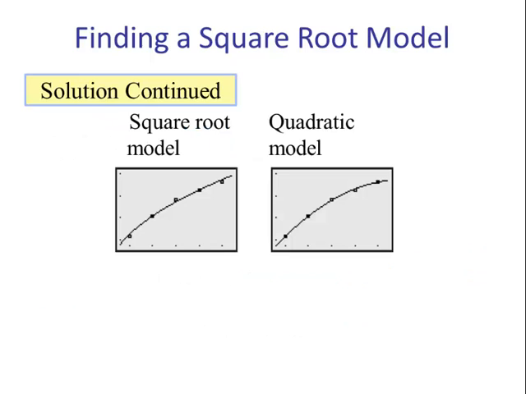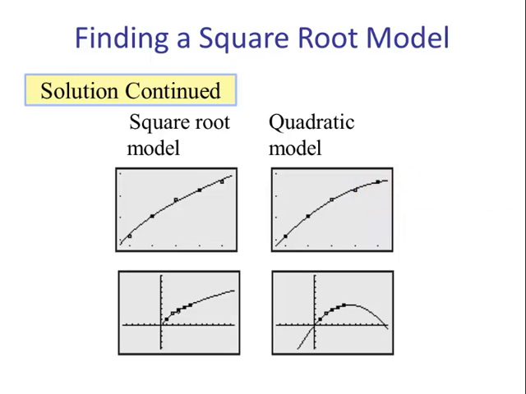Looking at this graphically, here we have the square root model, here we have a quadratic model. Now it looks like both of these are doing a very good job of modeling the data. But if we were to zoom out, we would see the quadratic would increase until it hits its maximum and then start decreasing, and eventually the y value will become 0.